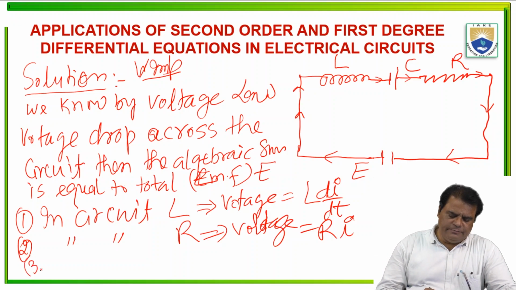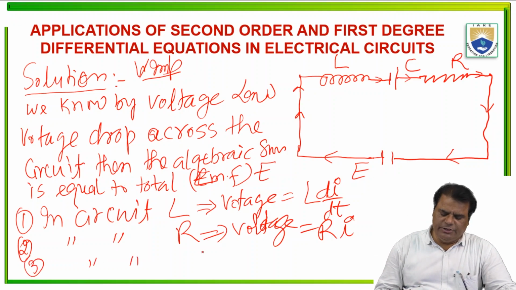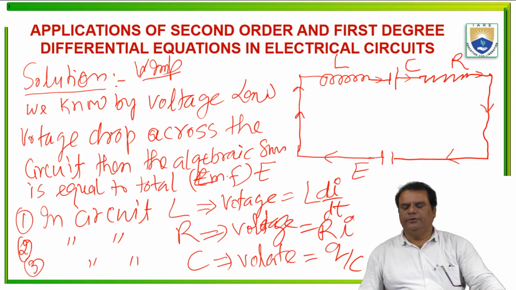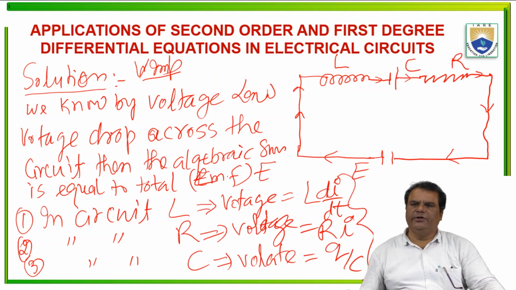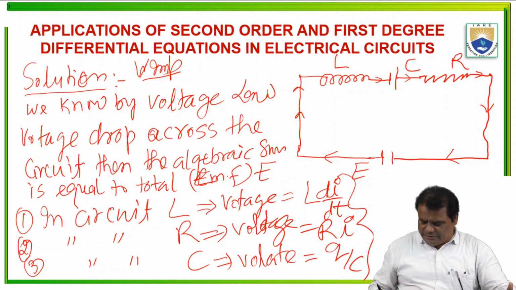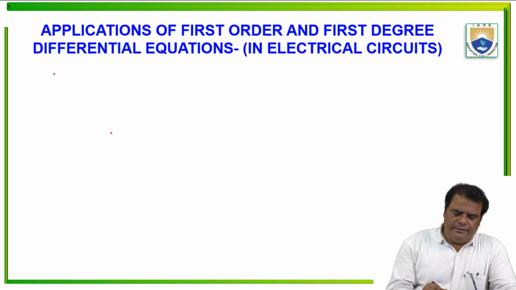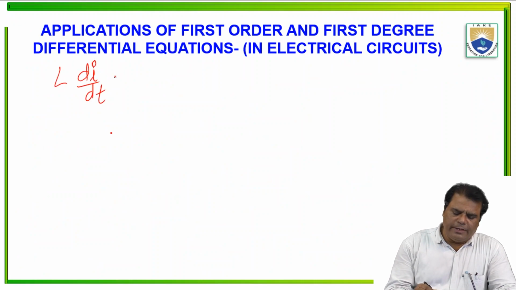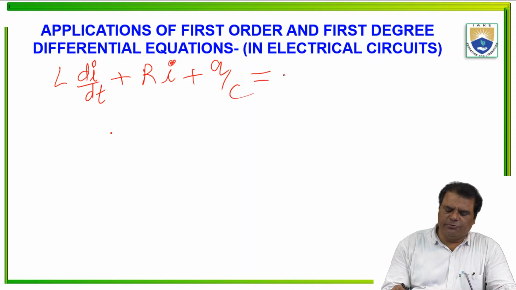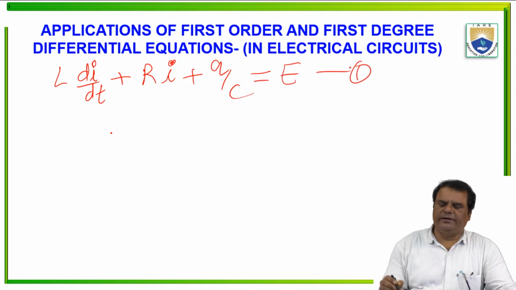Next, third, C is in the circuit, then the voltage is q by C. So these are the basic 3 points, and the algebraic sum of these 3 we write here: L di over dt plus Ri plus q by C is equal to E. This is equation 1.